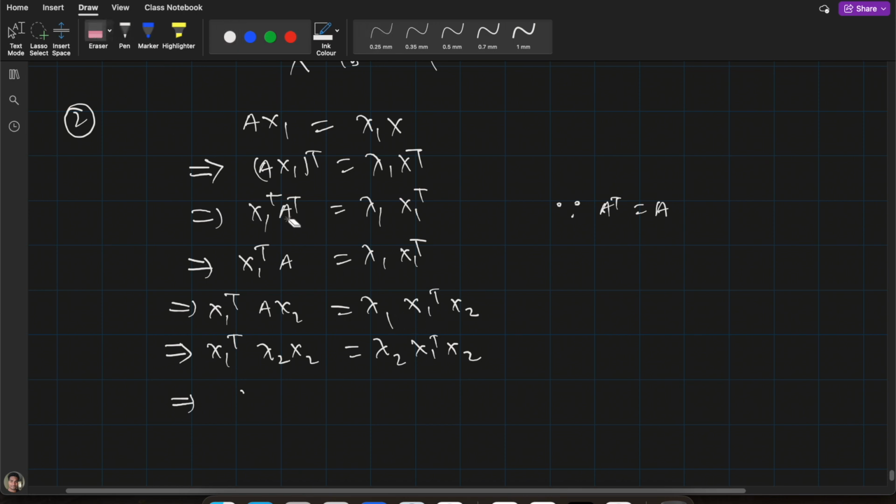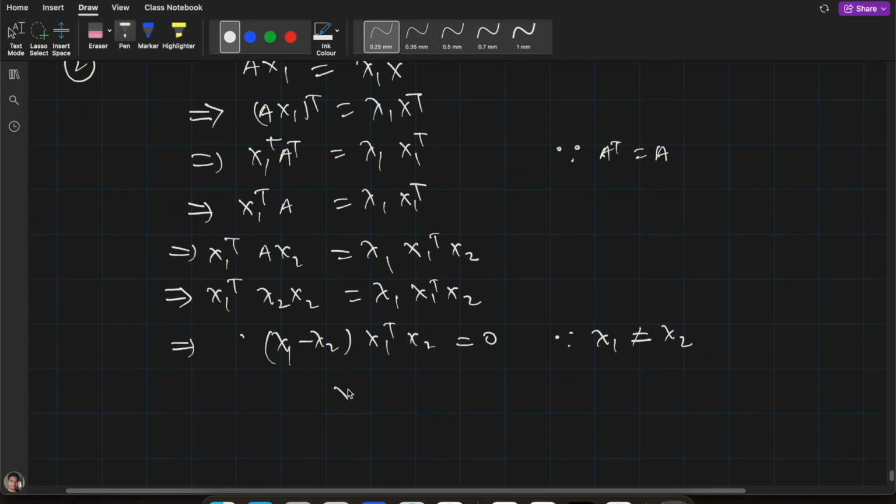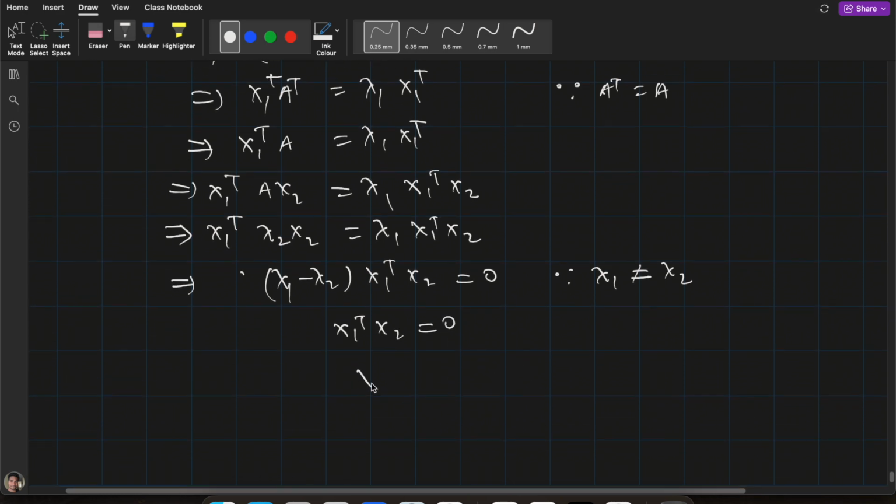So you can see that it will be lambda 1 minus lambda 2 times x1 transpose x2 equal to 0, since lambda 1 is not equal to lambda 2. So what does it mean? It means that x1 transpose x2 equals 0, which means x1 is perpendicular to x2.